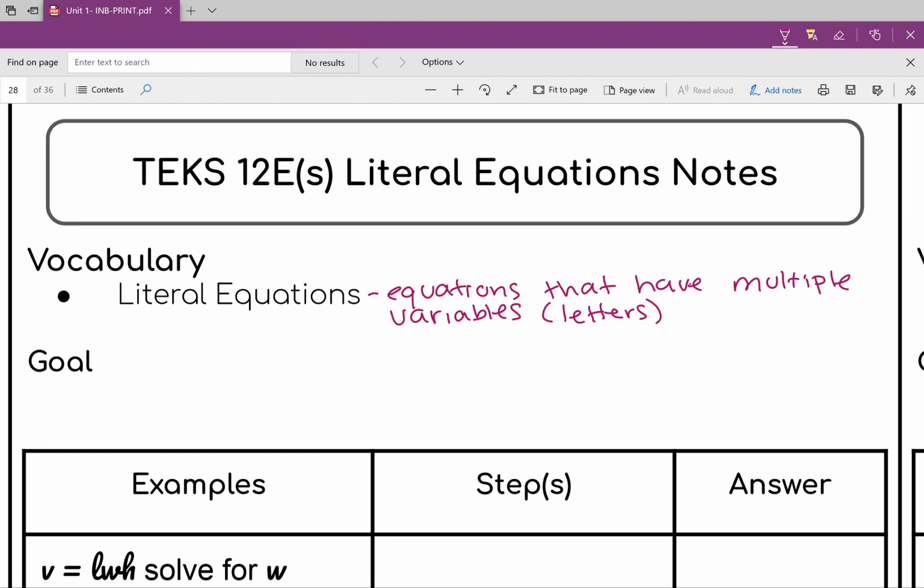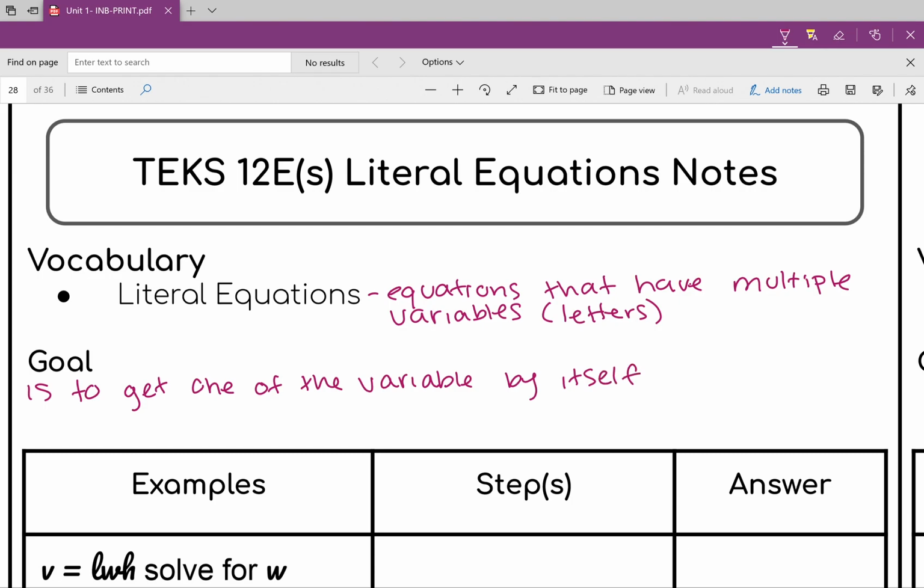Our goal is to get one of the variables by itself.